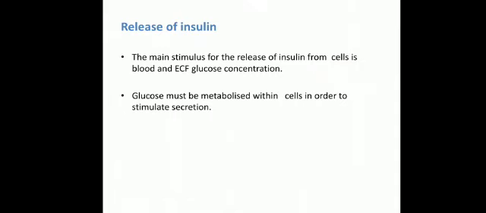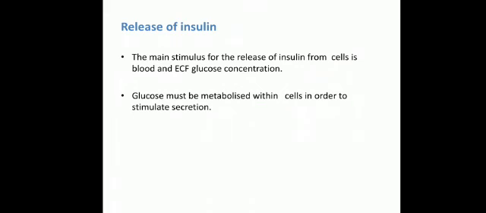So I repeat these points once again. The two main stimuli for the pancreas to secrete insulin are the glucose content in the blood, and also the extracellular fluid glucose concentration. And unless glucose is metabolized within the cell, insulin secretion cannot be stimulated from the pancreas.